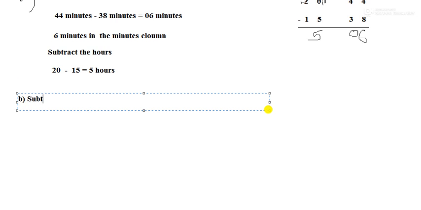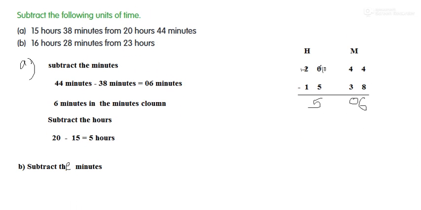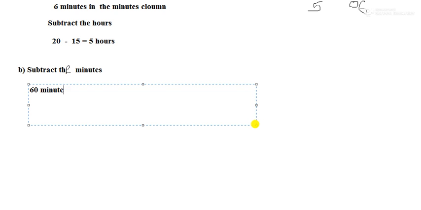Subtract the minutes: 60 minutes minus 28 minutes equals 32 minutes.